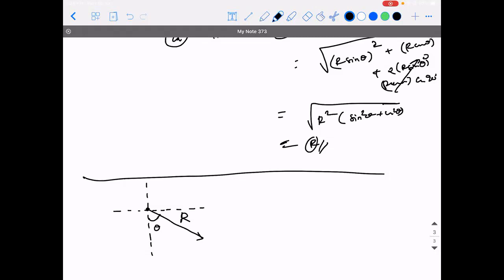X is positive and Y is negative. So the two components here will be a positive horizontal component and a negative vertical component.